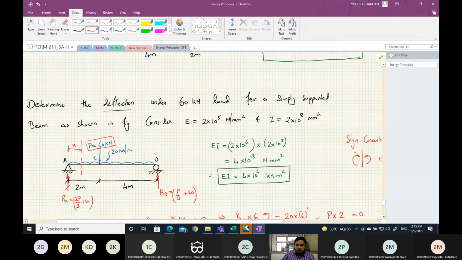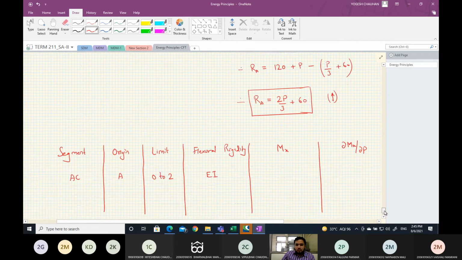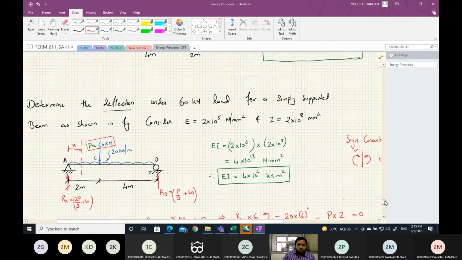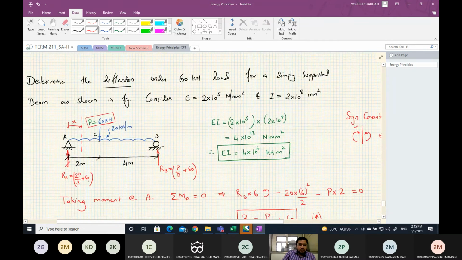So on the left of the section, clockwise is positive, and this RA will cause clockwise moment. So RA will be positive. So it will be 2P by 3 plus 60 into x.